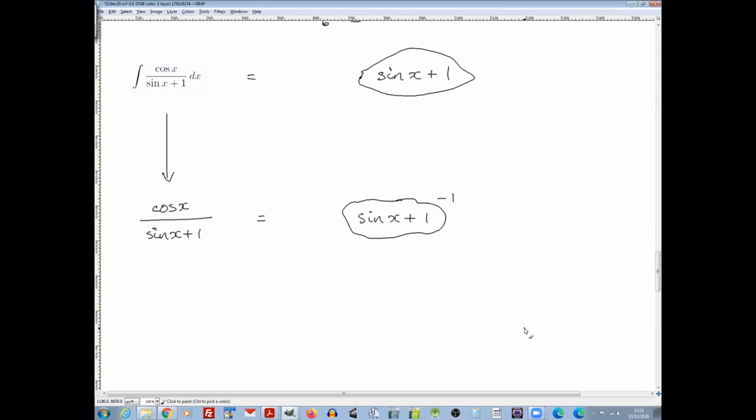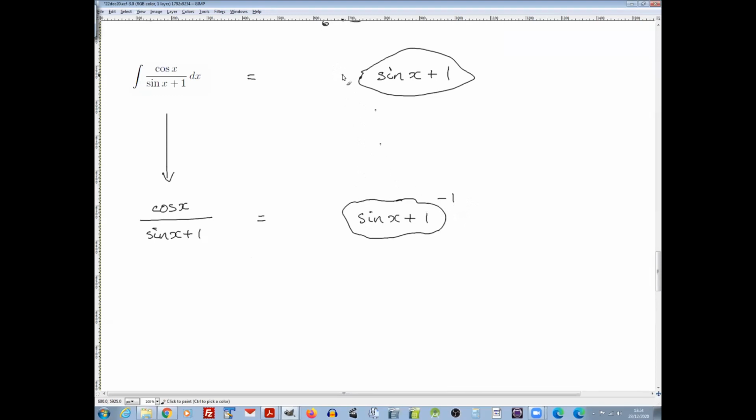Okay. That was your idea, and you were right to make that power -1 because sine x plus 1 is on the bottom there. So the outer function down here is 1 over, or power -1.